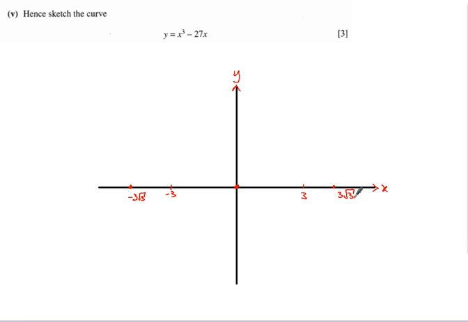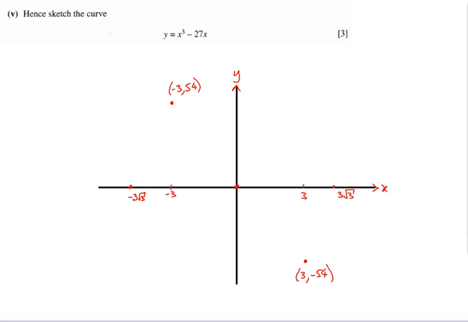In terms of our vertical scale, it crosses the axis at minus 3 root 3, at 0 and at 3 root 3. At negative 3, we had a maximum point, and this is up at 54. So let's put that in, negative 3, 54. And at 3, we had the corresponding minimum point, so that's 3, negative 54.